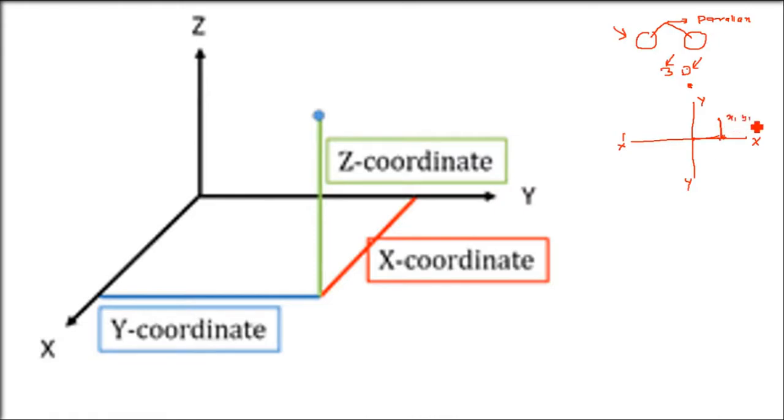So this point can be exactly located as x1, y1. x1 is the distance from the y-axis and y1 is the distance from the x-axis. But when we come to 3D geometry, we have a third dimension.